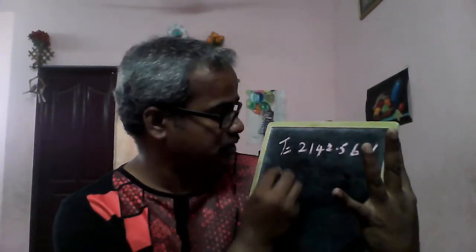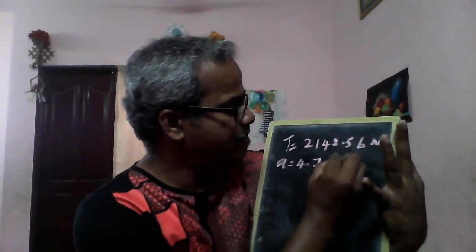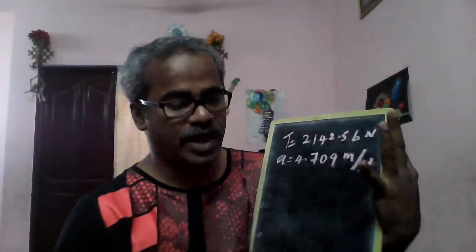If you solve it in a calculator, you will get the acceleration. I am getting it as 4.709 meters per second square. So these are the two answers I will get.